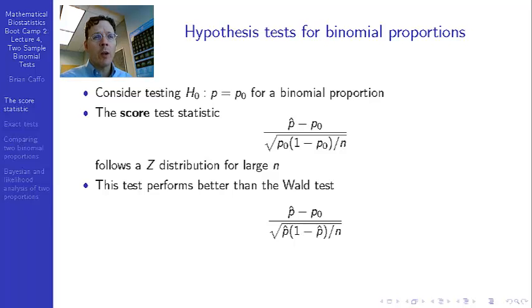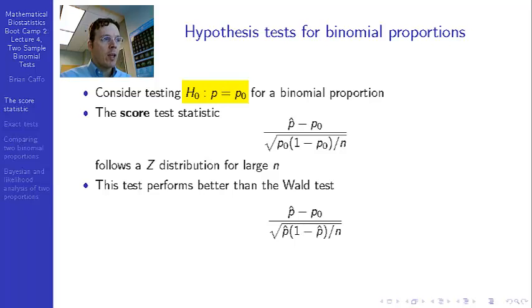So let's consider a single binomial proportion, not two binomial proportions, and later on in the lecture we'll consider two binomial proportions. Imagine only looking at drug A and testing whether or not drug A has a specific population proportion of side effects.